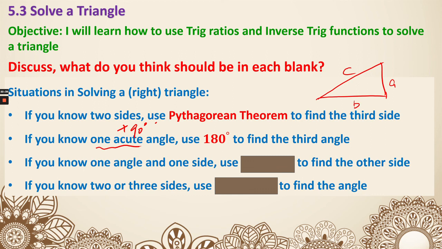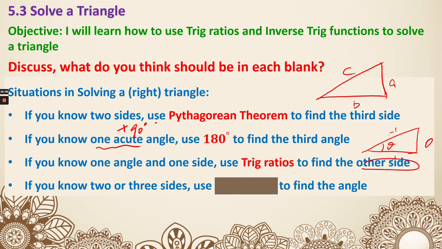Next, if you know one angle and one side, for example, you know one angle and one side, like the opposite side, then if you are trying to find the adjacent, use tangent. If you're trying to find the hypotenuse, use sine. So that's why you're going to use the trig ratios to find the other side.